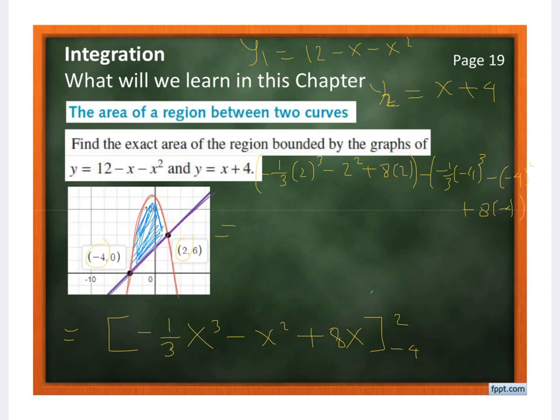So equal negative 8/3 minus 4 plus 16, minus, in parenthesis, 64/3 minus 16 minus 32.